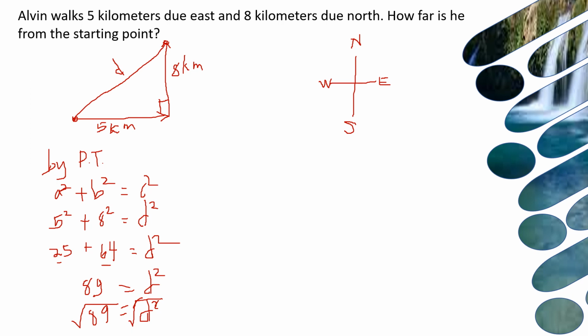Also, the square root of 89 doesn't have an integral result, so let's just express it as square root of 89 kilometers.